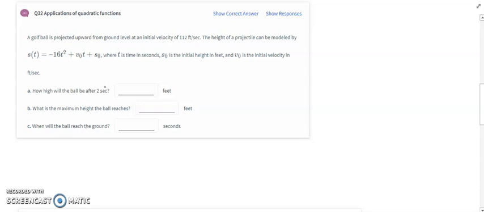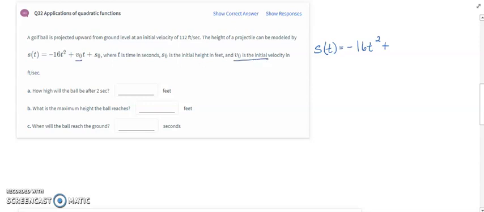So for this particular problem, we first need to convert the problem into the particular formula that describes the height of this golf ball. So we know that S of t is equal to negative 16t squared plus v sub 0 t.